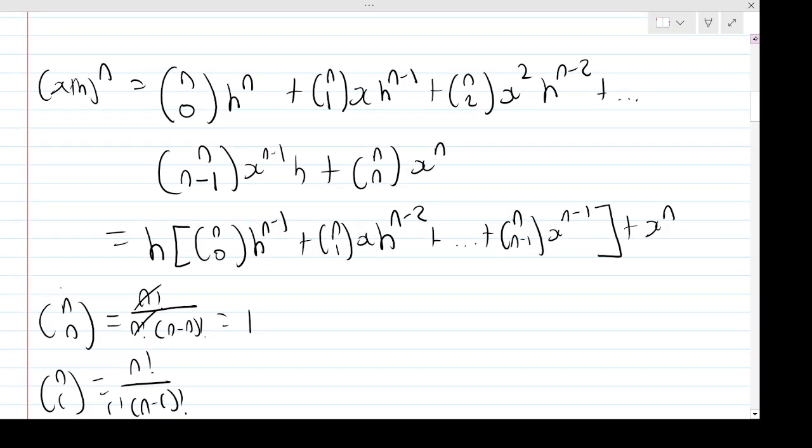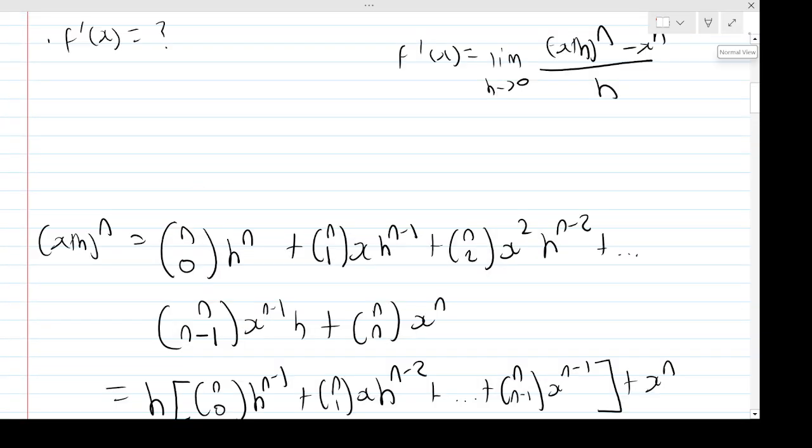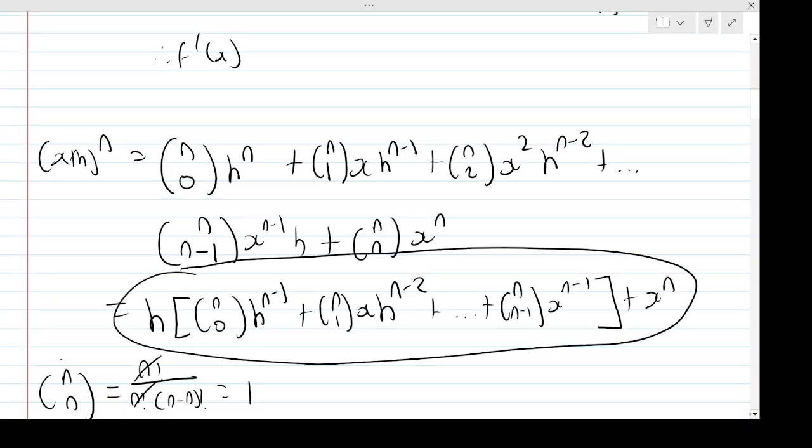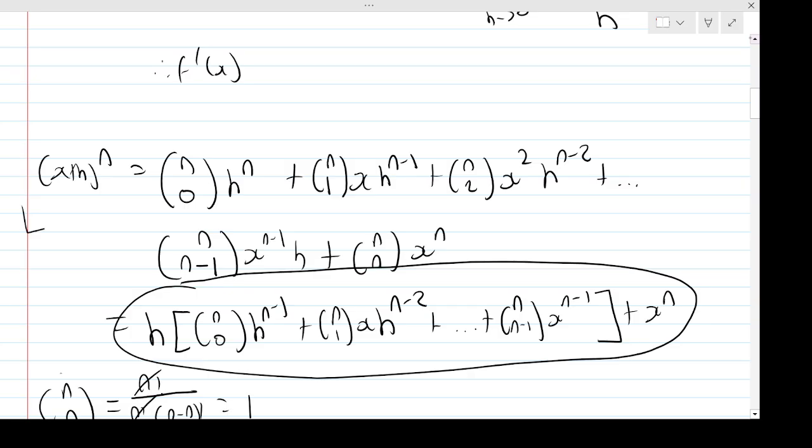So then I'm going to substitute that into my gradient here. (x + h)^n is this whole expression here, right? This is f of x plus h, which is (x + h)^n.